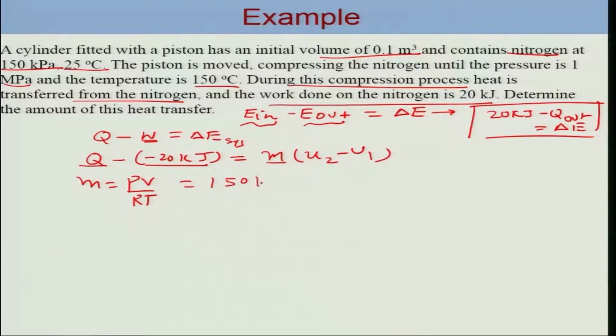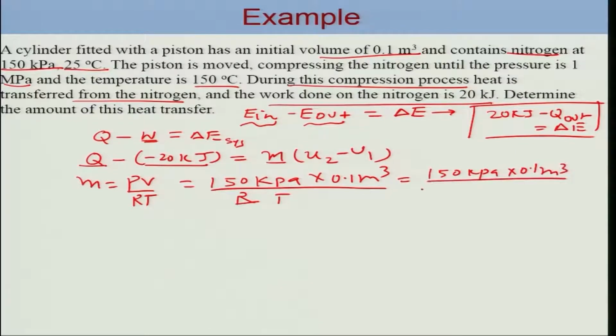So this is the initial mass, because mass would be fixed, so we have the information of 150 kilopascal times volume, which is 0.1 initial volume, and R and T. R is a gas constant, so you can look at Table A1 and from there you can obtain it: 150 kilopascal times 0.1 meter cube divided by 0.2968 kilojoules per kg Kelvin times 298.15 Kelvin.